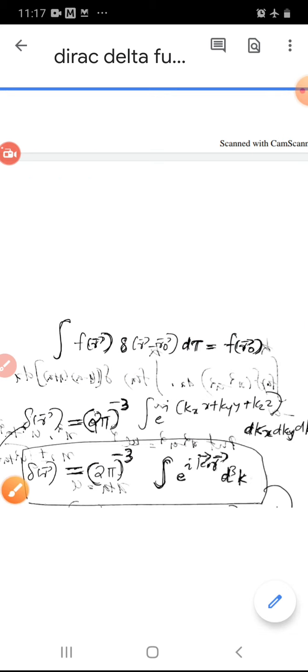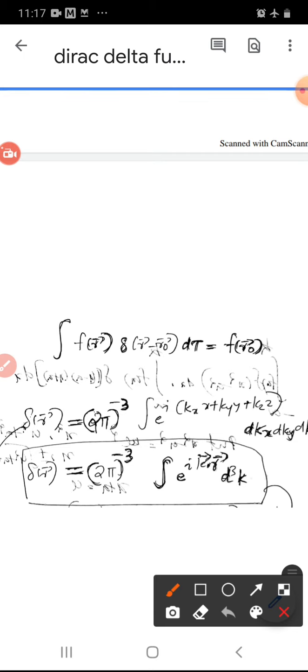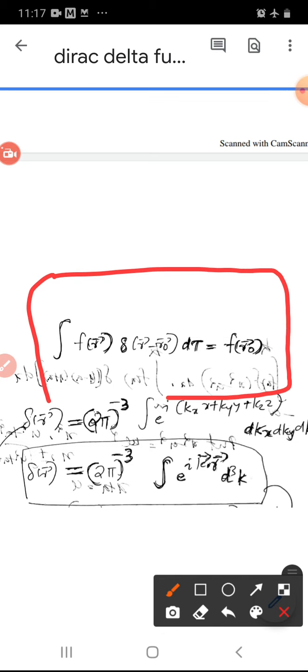Using that we can write the integral of f of r delta r minus r 0 d tau equal to f of r 0.